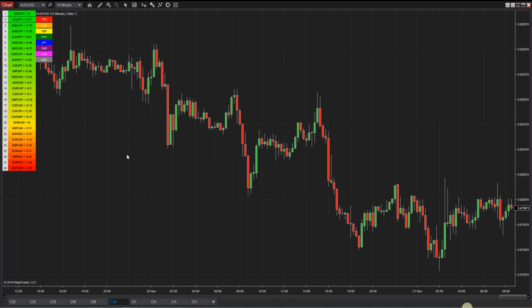And what we're looking for in terms of the matrix is universal sentiment across the market. So if we isolate out the pound, for example, just click on that there. What we're looking for is the pound being bought or sold universally in this particular time frame?